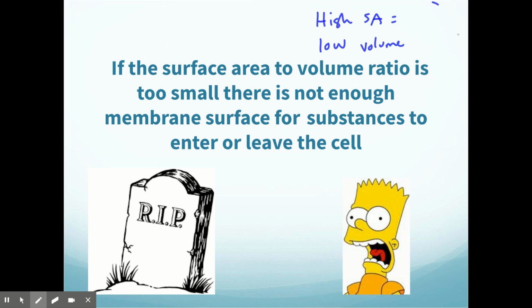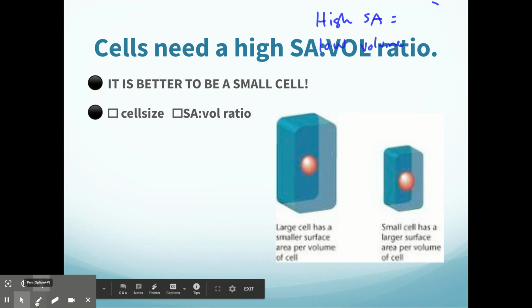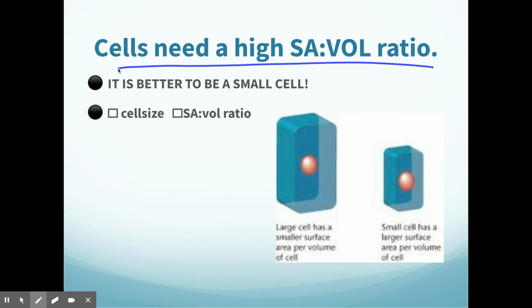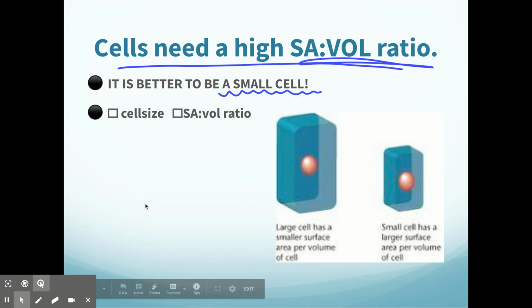And less distance to travel means it can go in and out faster. So this is something I would write down: a high surface area to volume ratio. And it's actually better to be a small cell. That is the general gist of that one.